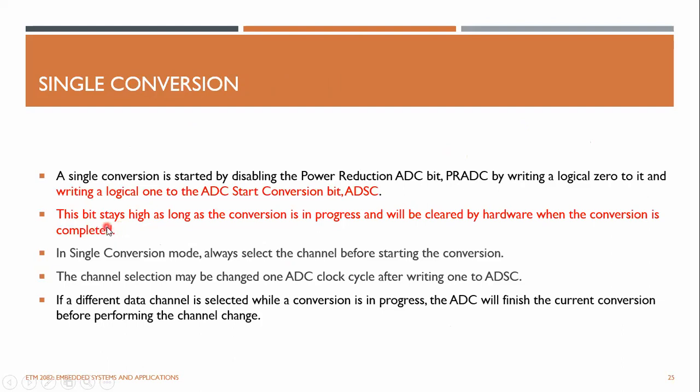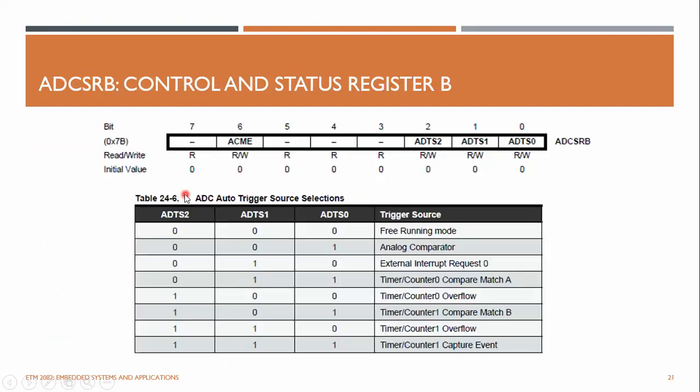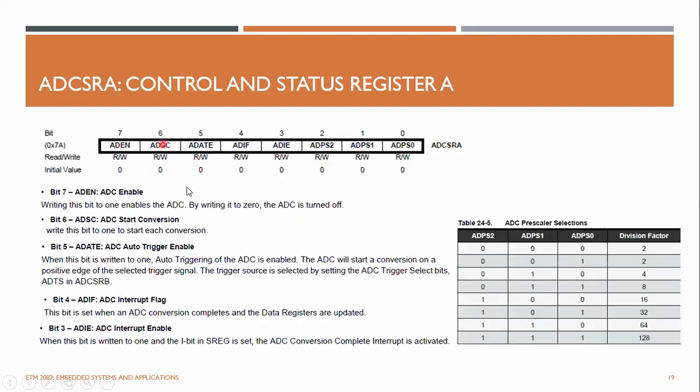Single conversion mode is started by disabling the power reduction bit, setting ADEN, and writing logic 1 to the ADC start conversion bit, right? If you set this bit, it will start the conversion.